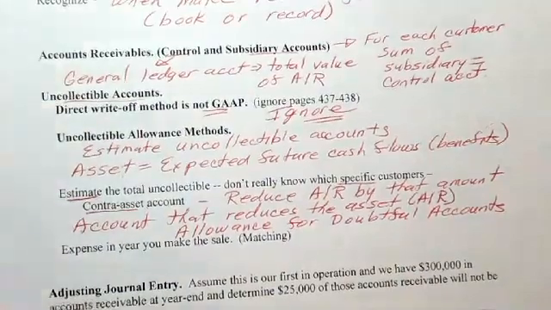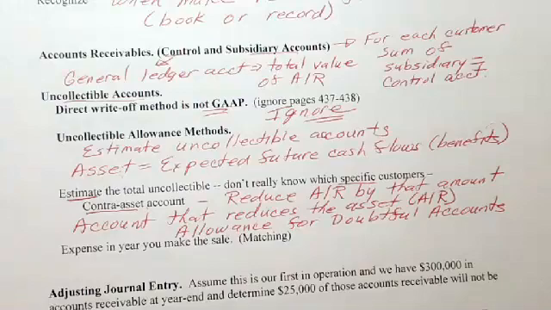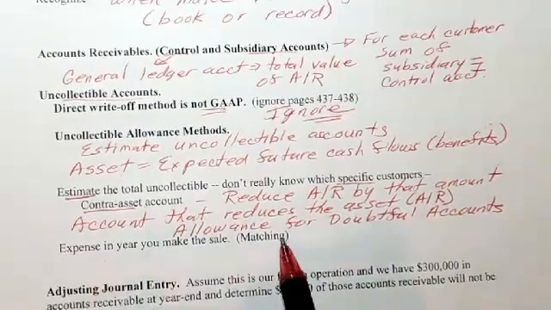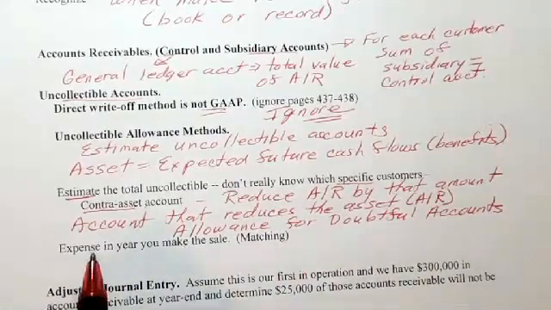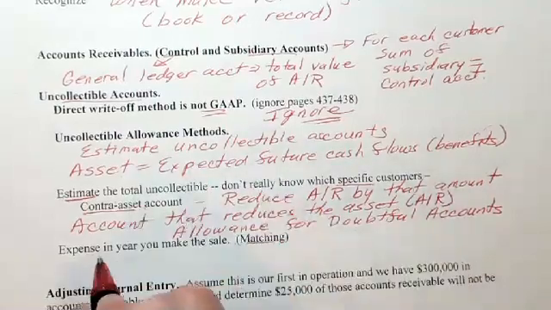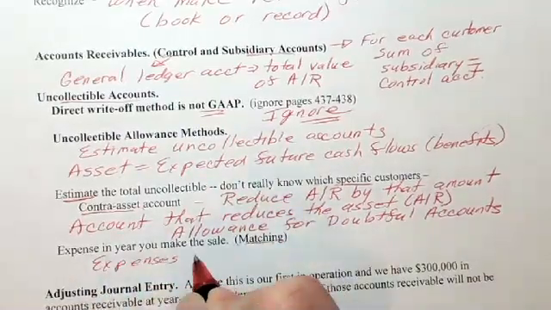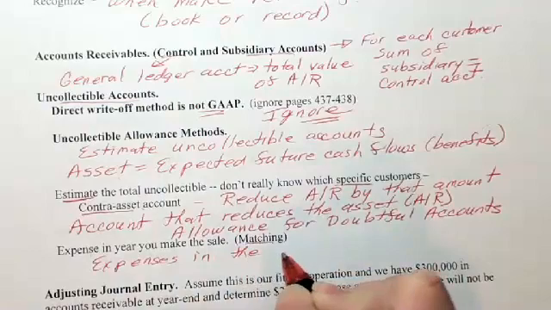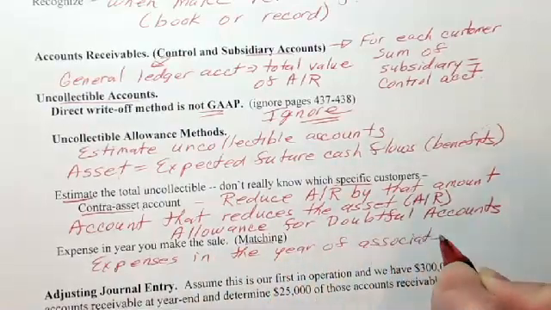Accountants aren't too creative. It's what we're thinking might be a doubtful account. We're not saying they're not going to pay, but it's doubtful that we get all that money. The other side of that then is we want an expense. And remember, in our matching principle, you want your expenses in the year of the associated sale.